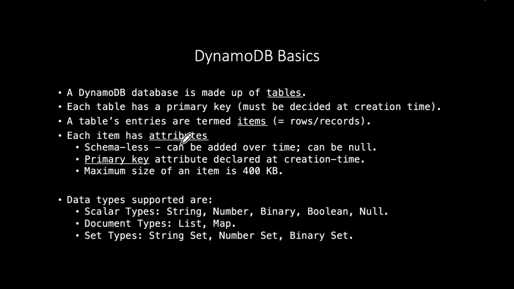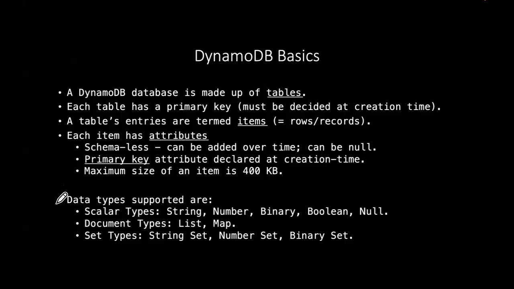The set of attributes for a particular item in a table can be different from item to item within a single table, right? But for all of the items in a table, the primary key attribute has to be the same for each item, which is what I'm saying here.